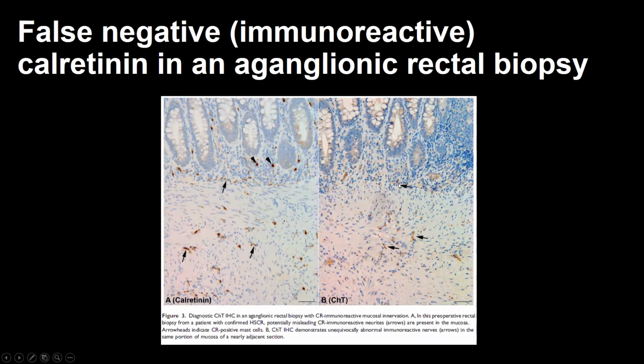And here is the choline transporter, which actually has immunoreactive nerves. So this is a patient who has Hirschsprung disease. In an ideal world, you shouldn't be seeing calretinin positivity, but because it is a transition zone, you start seeing these little neurites in here. But this is considered false positive because you're seeing calretinin positivity in an area where you know that it's a transition zone and really should not have ganglionation.